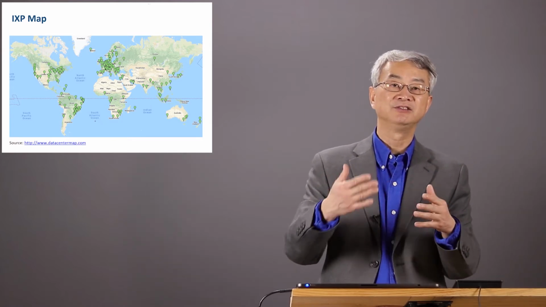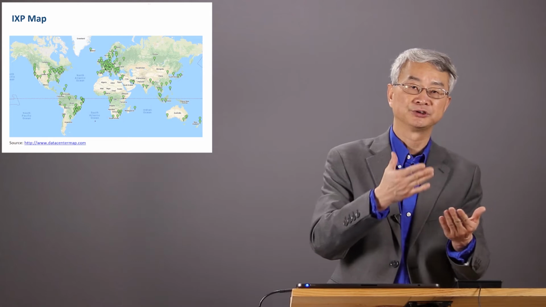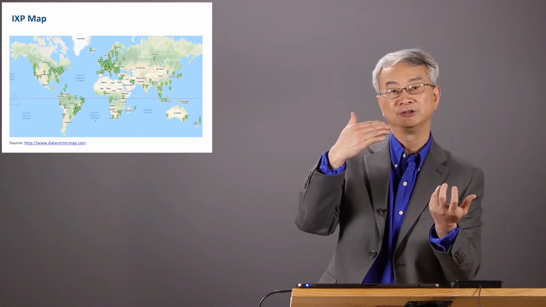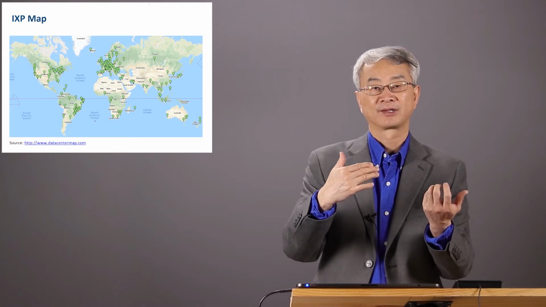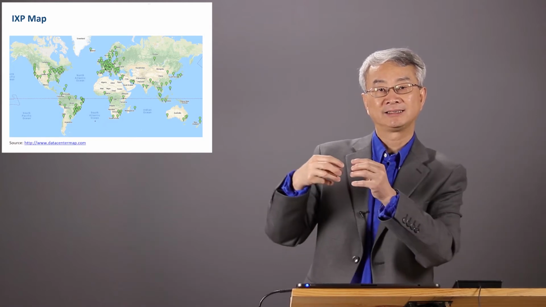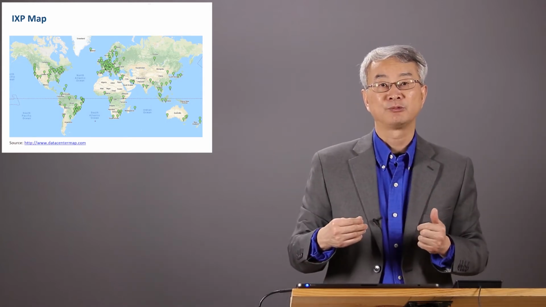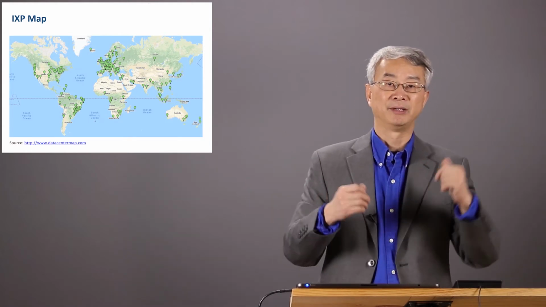Cogent is the one that's going to eventually deliver my packet to Syracuse University, because Syracuse University is not on the Roadrunner, but it's on the Cogent. And the closest place where the Roadrunner and Cogent connect is in New York City. And that's why my traffic goes all the way to New York City and takes a detour, then comes back.